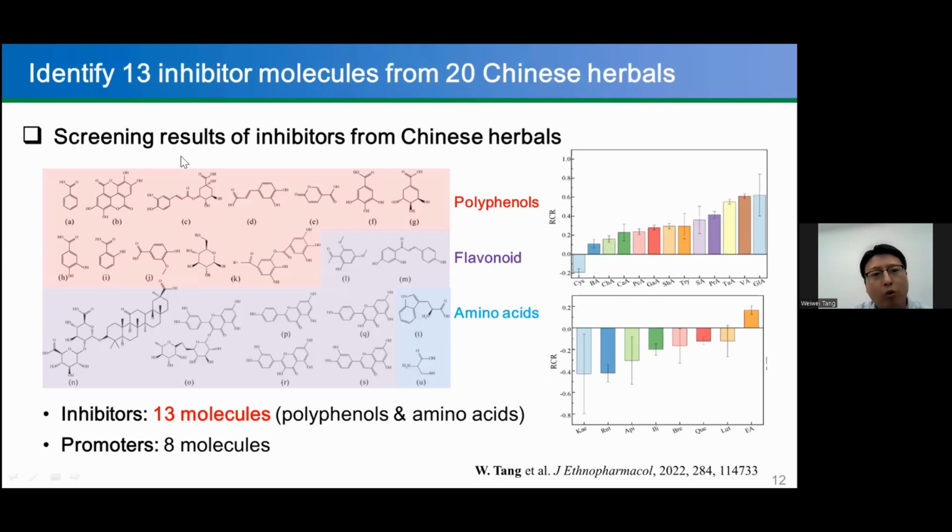By using this method, we successfully identified 13 inhibitor molecules, which are polyphenols, amino acids, and ADP promoters, from 20 kinds of Chinese herbs.